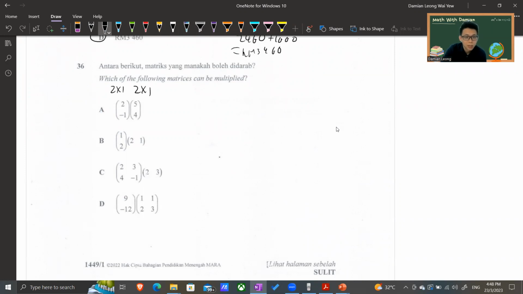Definitely different. This is 2 rows, 1 column, 1 row, 2 column. So it can be multiplied. This one is a 2 by 2. 1 row, 2 column cannot. Different. 2 rows, 1 column. 2 rows, 2 column. Also different. The only one that has the same for this is B. Okay.